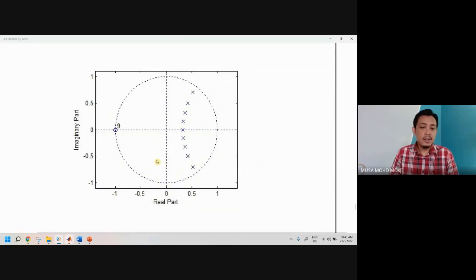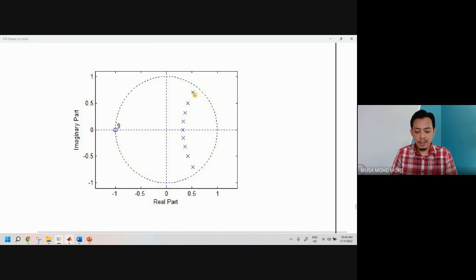And this is the filter pole-zero plot. Because this is a ninth order, you will see 9 zeros here at the same location at -1. And we will have 9 poles. So this is 1, 2, 3, 4, 5, 6, 7, 8, 9.